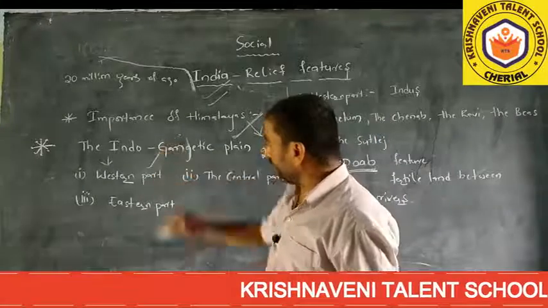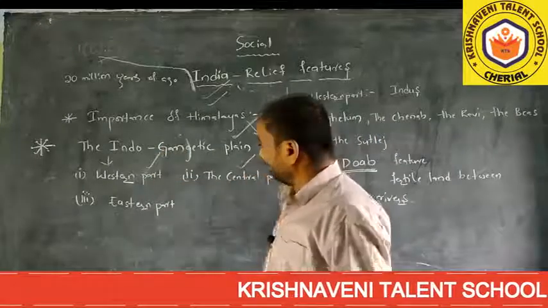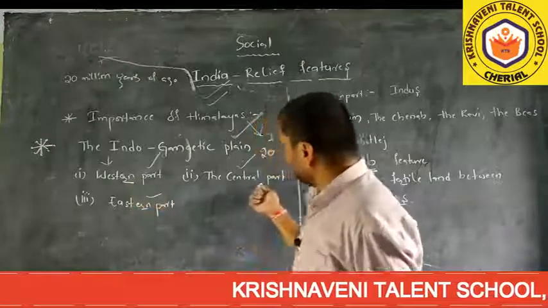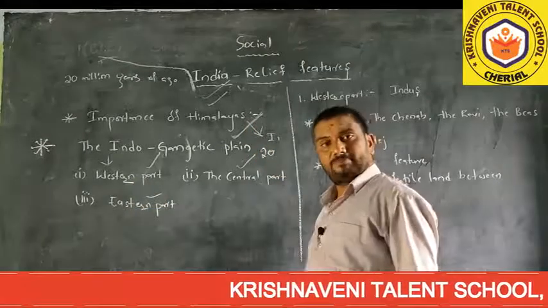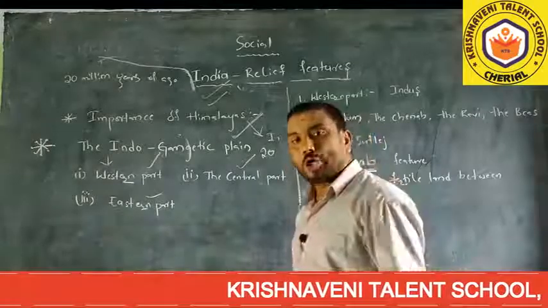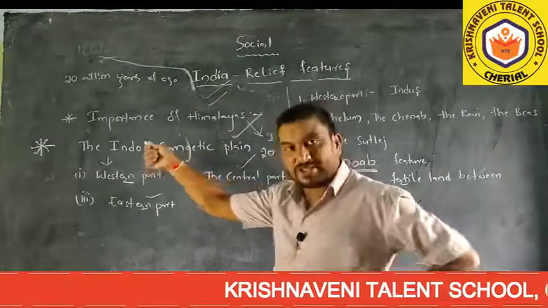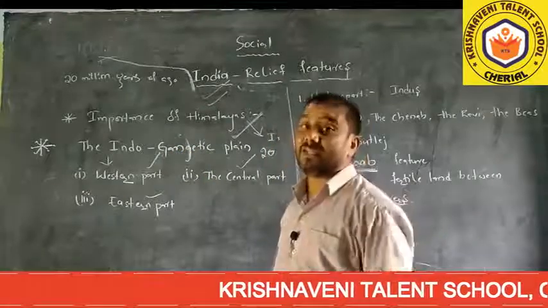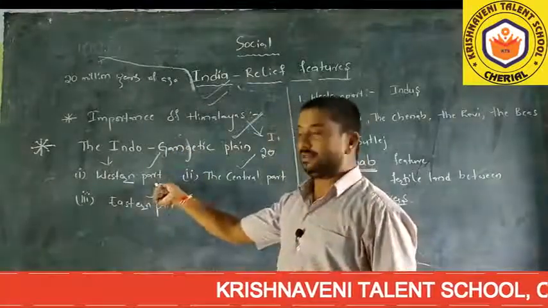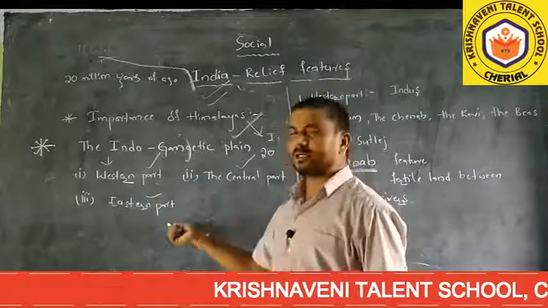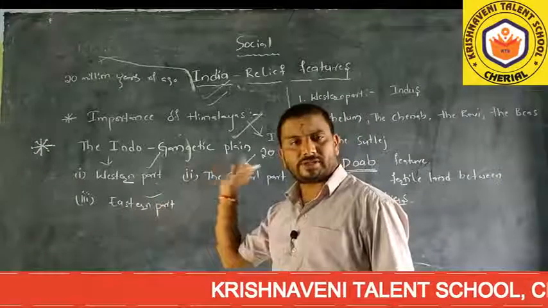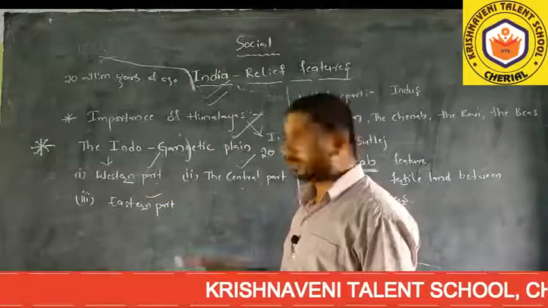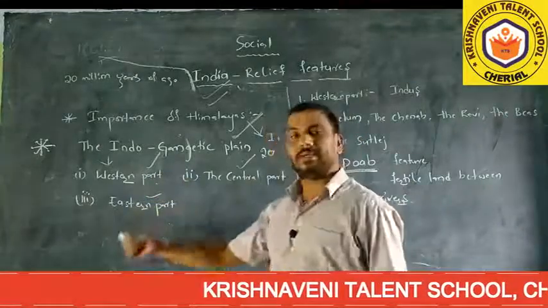One is the western part, one is the central part, and one is the eastern part. West side is the western part, middle is the central part, east side is the eastern part.